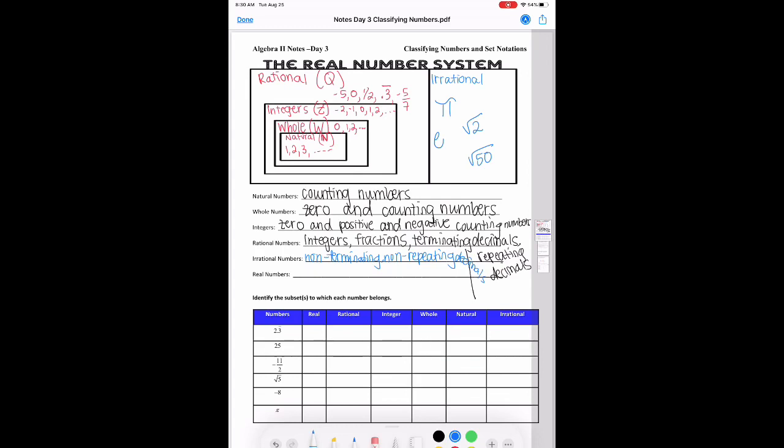Okay, now let's talk about real numbers. So real numbers, that would be all rational and irrational numbers.